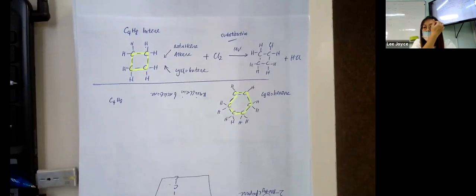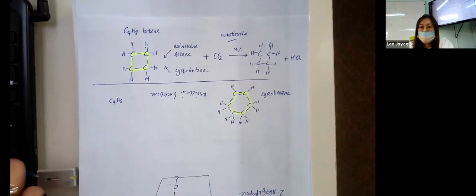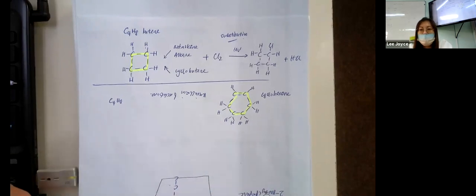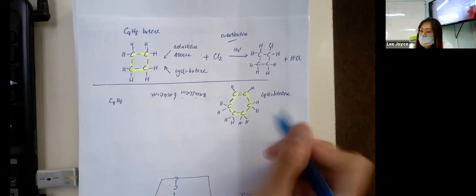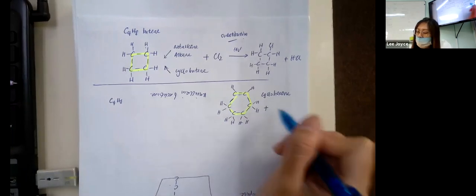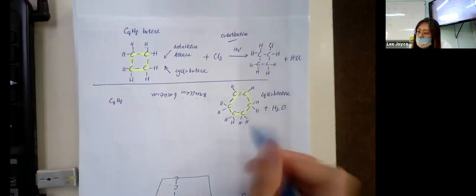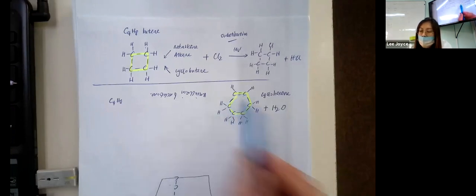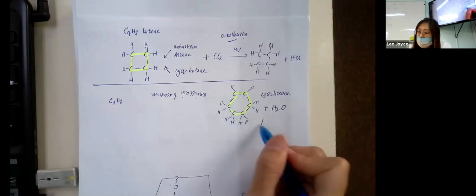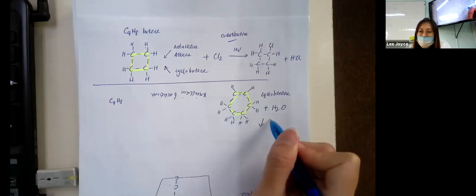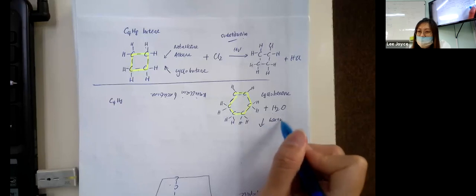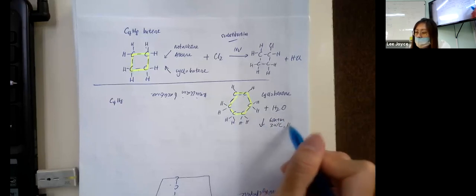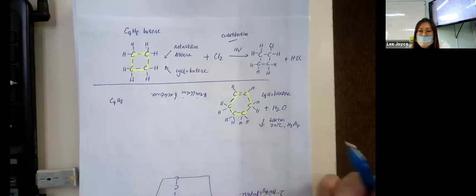Okay? So will cyclohexene undergo the addition reaction? Obviously it will. Let's say when it reacts with water, H2O, then only this part of the C double bond will undergo the hydration process. You remember what the conditions are? Haven't memorized, right? 60 atm pressure, temperature 300 degrees Celsius, and we use phosphoric acid as a catalyst.